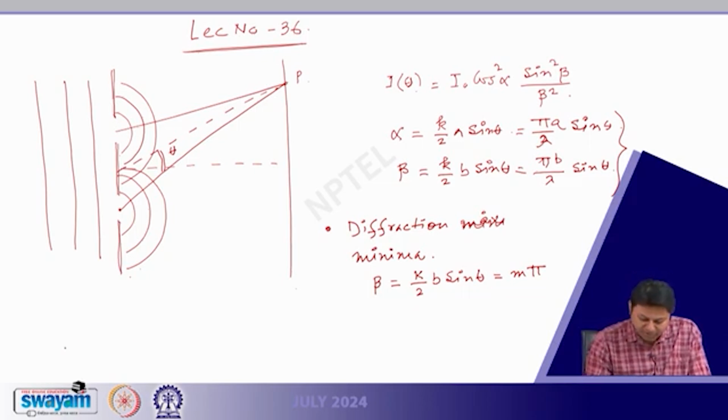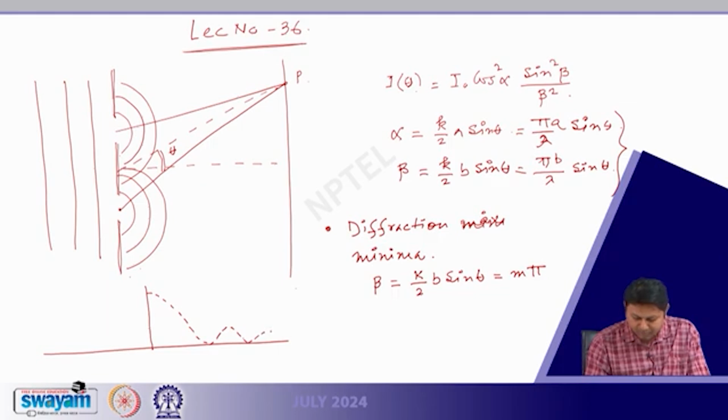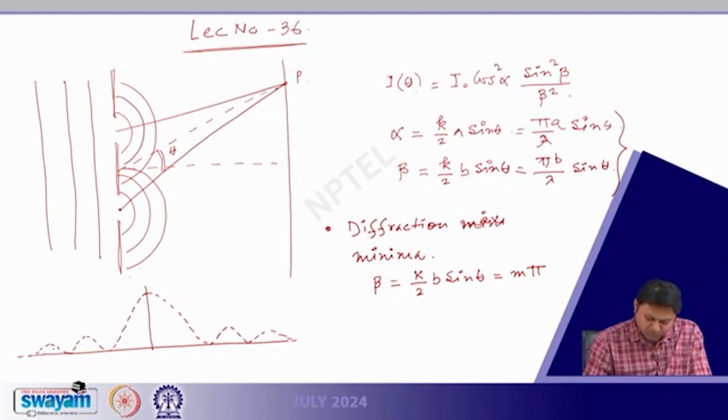Let me draw the resultant intensity distribution, then it will be easy to understand. This envelope that I am drawing with the dotted line is due to diffraction, and so on.